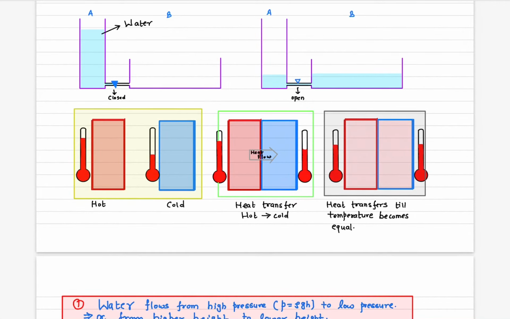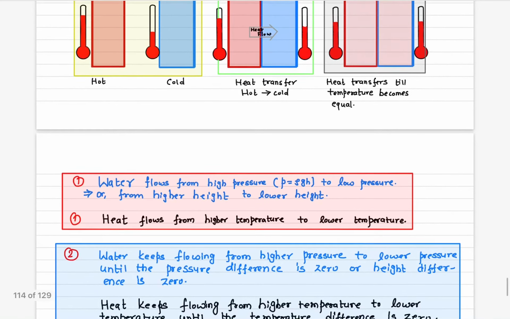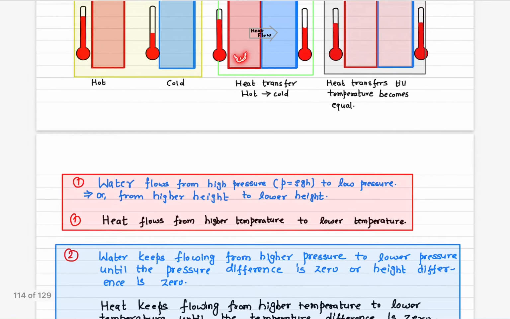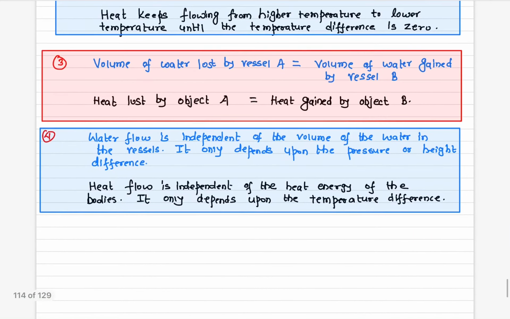So there is a strong similarity. Always remember, if it loses 20 joules of energy, then this one must gain 20 joules of energy. That's exactly what it says. Heat lost by object A is heat gained by object B.